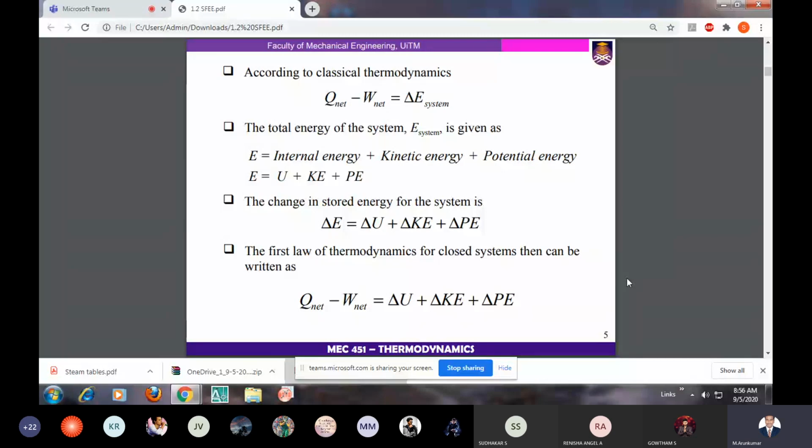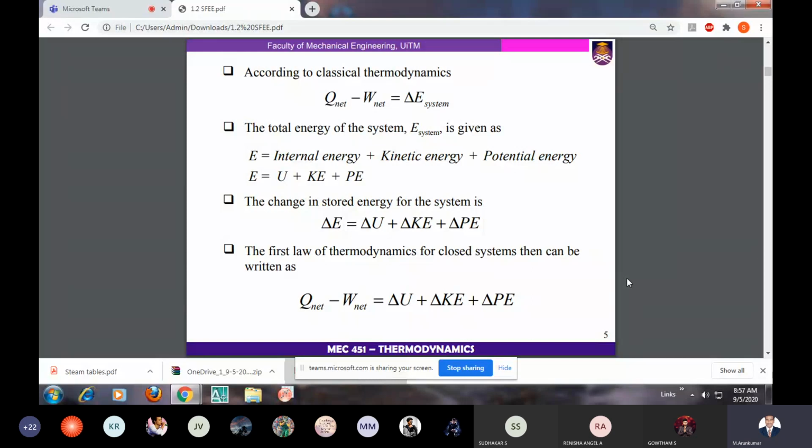Then how will the total energy of the system be given? That will be based on the internal energy, the kinetic energy, and the potential energy of the system. So we can write the energy E as U plus KE plus PE. KE is the kinetic energy, PE is the potential energy, and U is the internal energy.